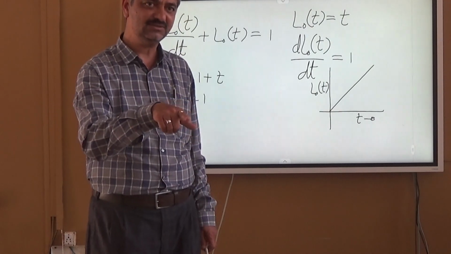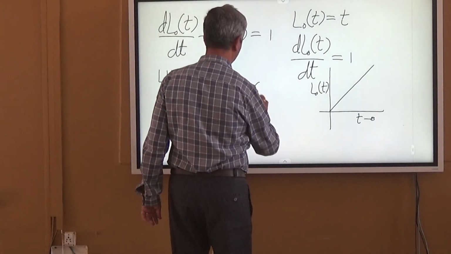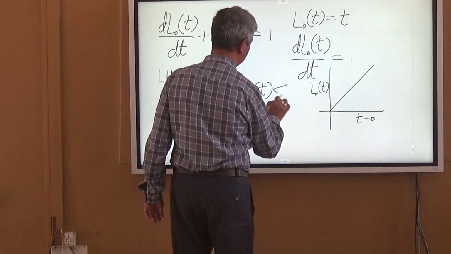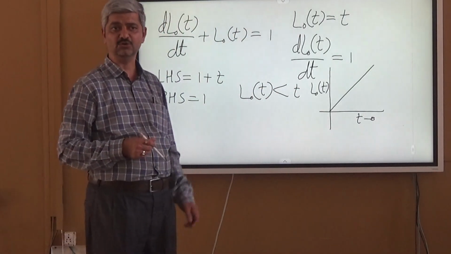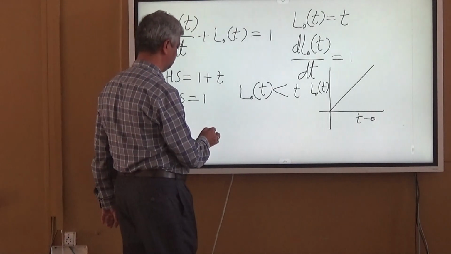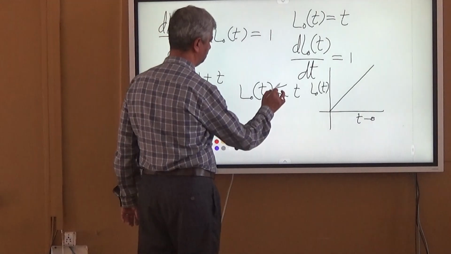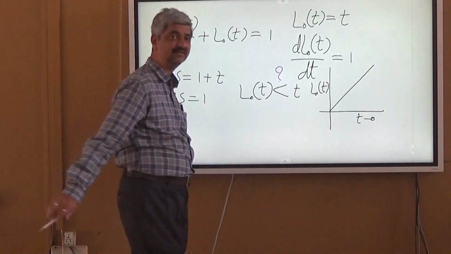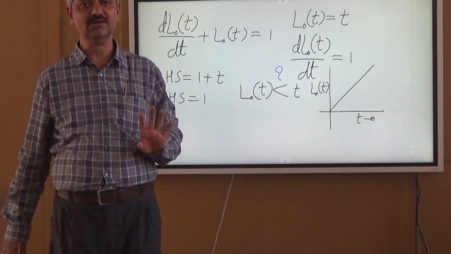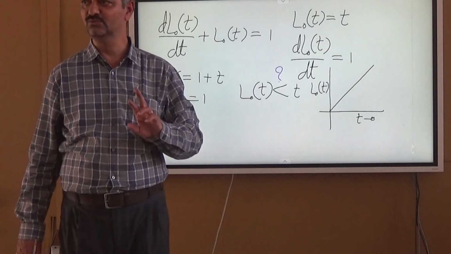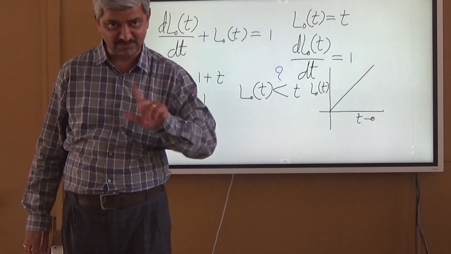Always or not? So is it correct now? LOT is less than t. Is it correct? Yes or no? Or you need to change this inequality by some further fine tuning.